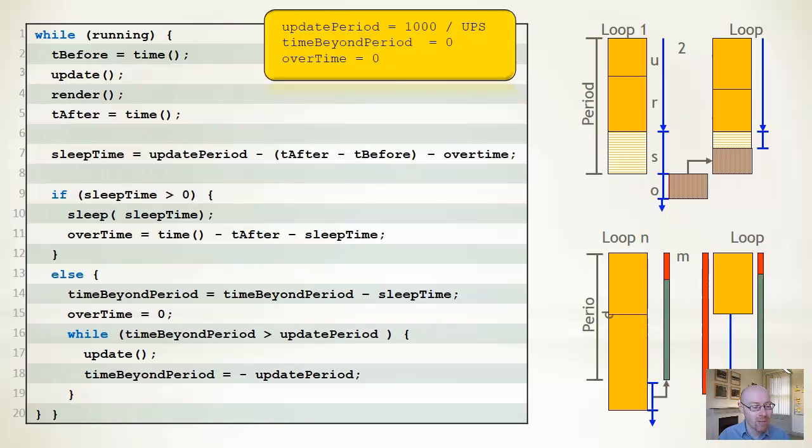In line 18, we then correct the time beyond period. We say, okay, let's step forward to the next update. And if need be, we will repeat that while until we've notionally got caught up with ourselves. To get caught up, it assumes that our update always effectively can complete within the update period. If it actually is our update that is taking longer than the update period, irrespective of the draw, then we're in a position where we can never recover.